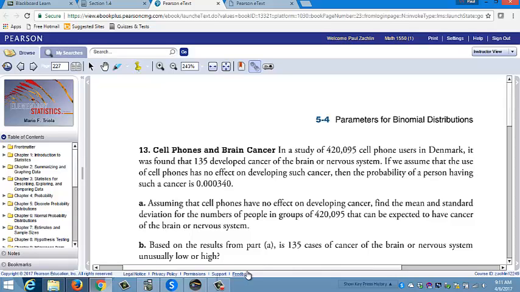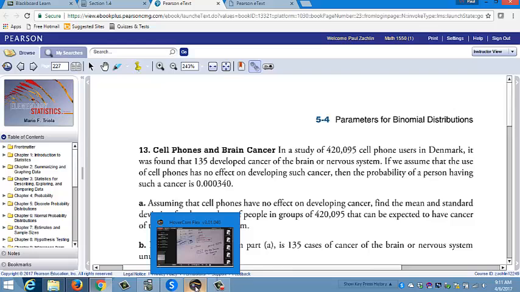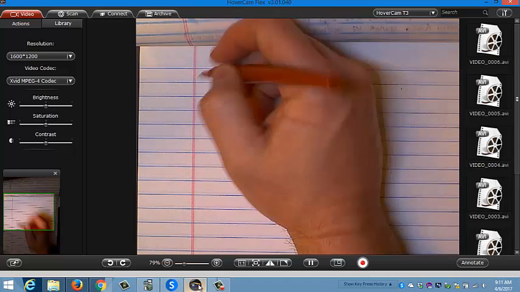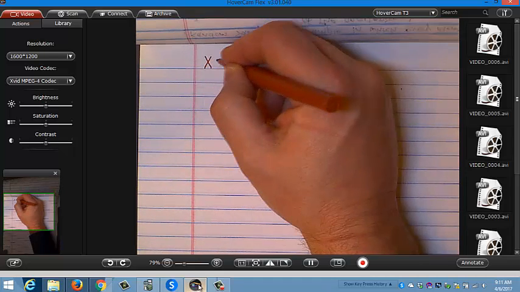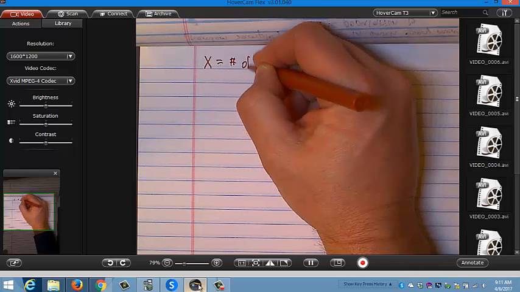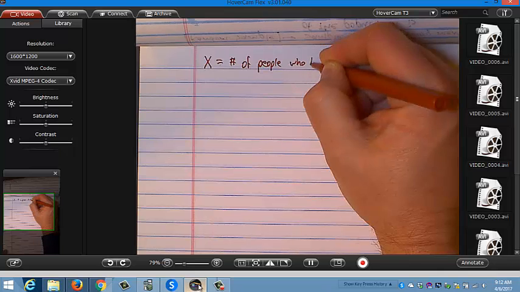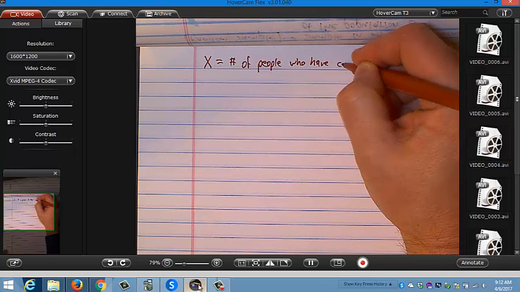Okay. Got it. Here's what they're doing, guys. They're saying little p should be this number. Yeah. That's little p, right? So basically, oh, this is a horrible thing to write, but I'm about to write it. X is the number of people who have cancer.